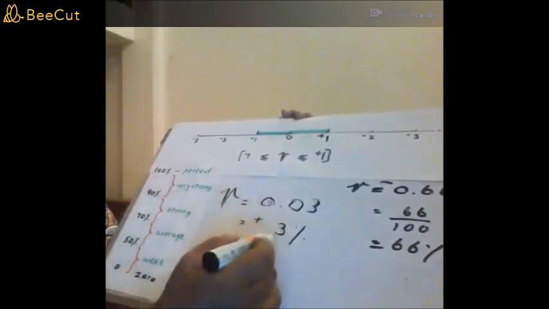So we can say there should be another one, no? Weak, very weak. Very weak relationship between maths marks and science marks, right?